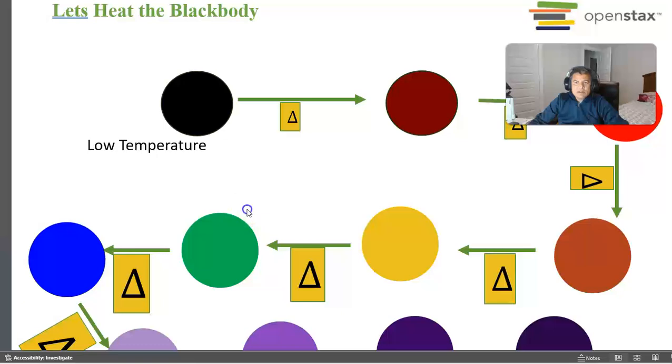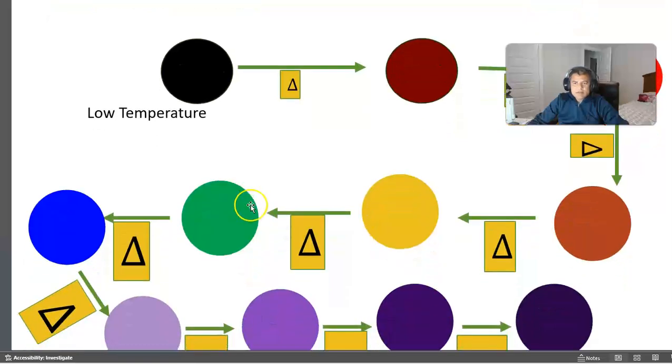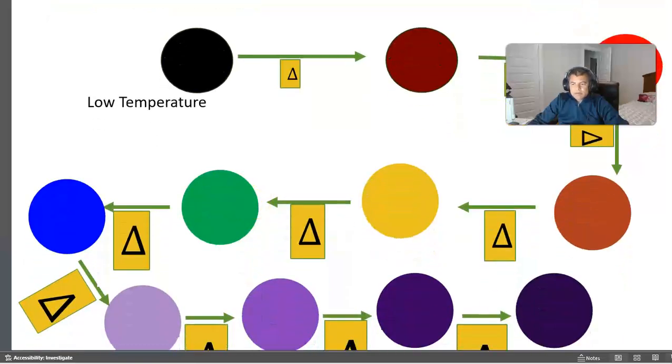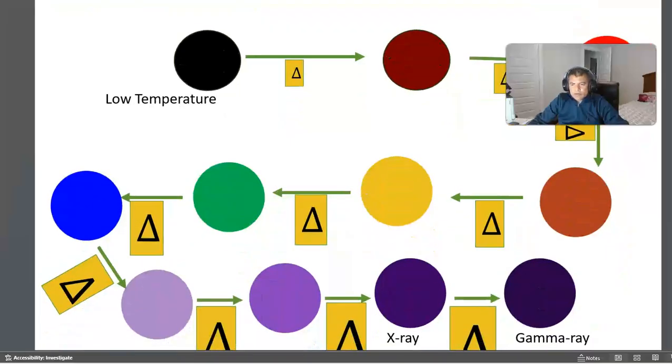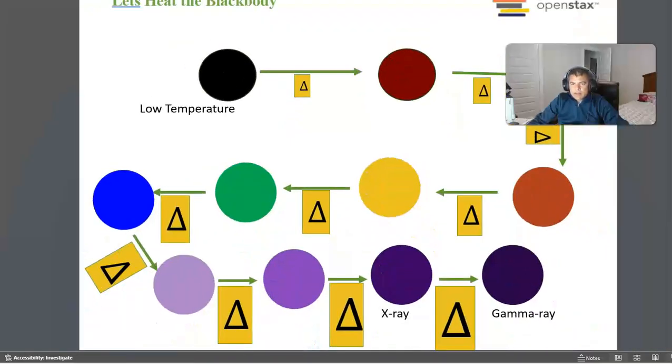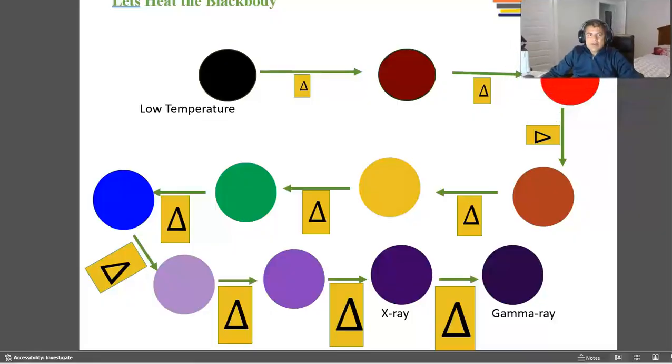Now let's see something very nice. What actually is the black body? Look, this is the black body. At low temperature, it's almost black because it's absorbing all the light. If you give a little bit of heat, it will have this color.